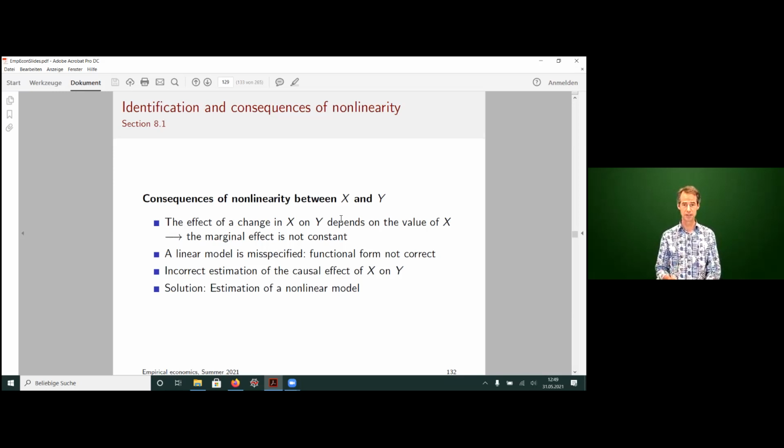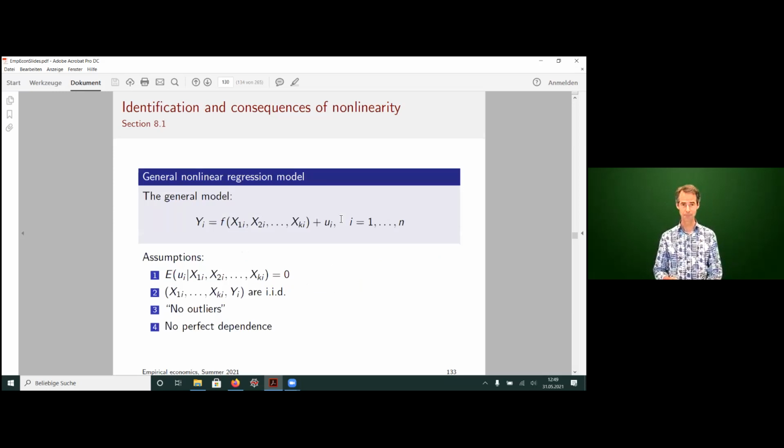And the solution is relatively easy. The solution is that we estimate a nonlinear model. What do these nonlinear models look like? Well, let's start with the most general form. In the most general form, the nonlinear regression model looks like this. We have an endogenous variable on the left-hand side. We have an error term on the very right-hand side, ui. So these are as before, as we already know from the linear regression case.